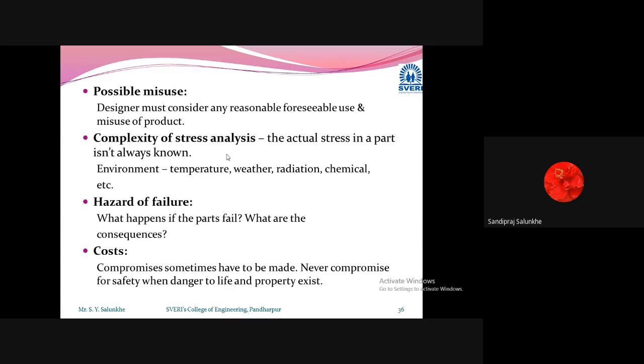And if the cross-sectional area is more, it means that more material you are using. And if more material you are using, it means more cost. So it will not be cost beneficial. So we have to take care. If you want to have competition in the market, then this factor of safety is going to become a very important key point. If you are reducing weight, then you can sell the same component at lower cost.